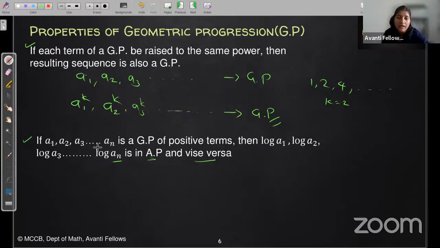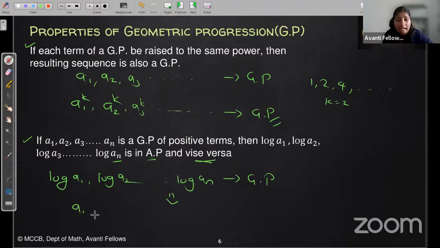So what they're saying is, if these terms are in GP, then if I consider log of each term, the sequence formed by those terms will be an AP. And what do we mean by vice versa? By that we mean if log A1, log A2, so on up to log AN are in GP, then it implies that A1, A2, so on up to AN are in AP.